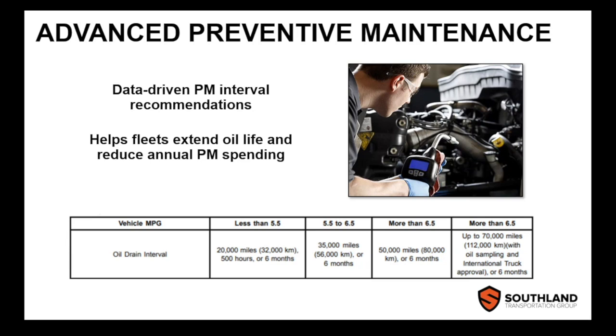This is going to allow you to take advantage of that, while at the same time documenting when you've changed the oil. Okay. So you can reduce your annual PM spend, your annual spending for your preventive maintenance. On the flip side of that, this tool can help also ensure that you are completing your scheduled PMs, or your PMs on the proper schedule.